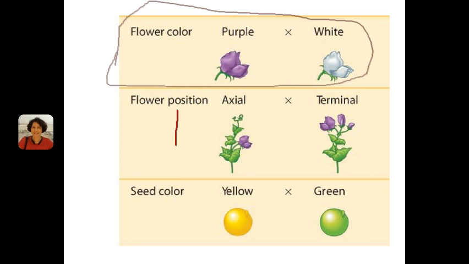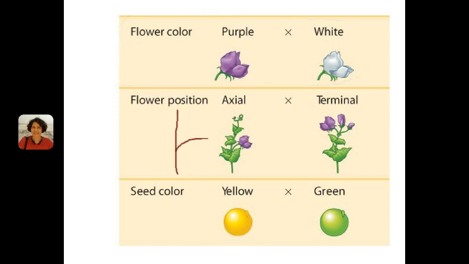Axial means that the flower is going to grow between where the leaf attaches and the stem, or the axil. So the flower would be here. That's an axial flower. And then a terminal flower is one that grows from the end or the terminus of the stem at the top.